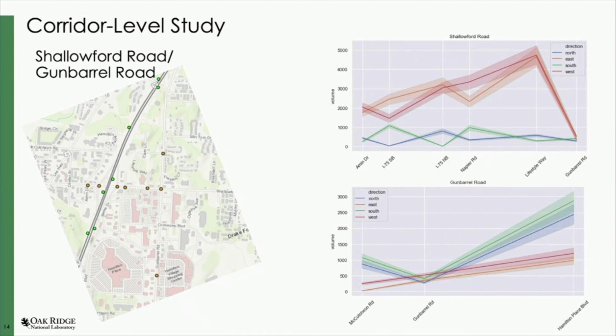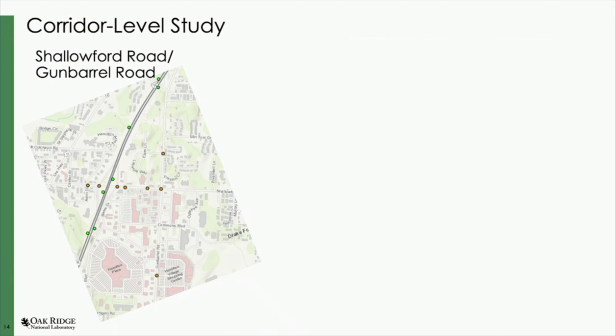So say north represents all traffic that comes into the intersection and goes north from there. The colors for north and south and for east and west are kept kind of similar. We actually changed the colors. In the next slide, you're going to see different colors. But that represents the traffic flow through the corridor.